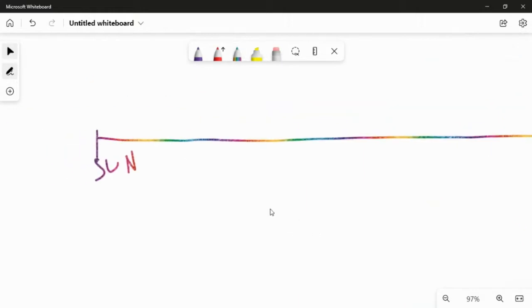So that's very far. And suppose, let's say the distance between the sun and our Earth is, not 10 miles, maybe 10 billion miles, let's say.